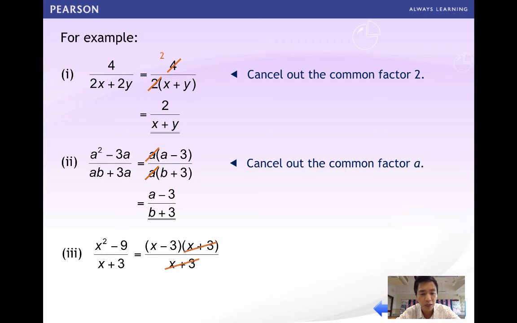So we can cancel it out. So that means we have 1 at the numerator and 1 at the denominator. So we have x minus 3. So here is the simplest form. We have to simplify the algebraic fraction like this.